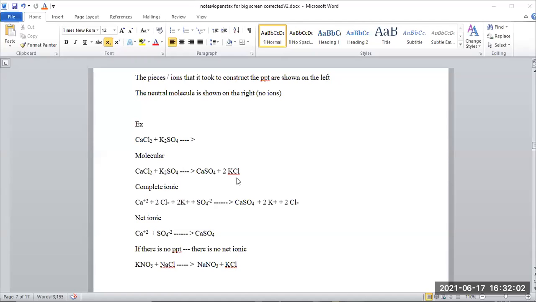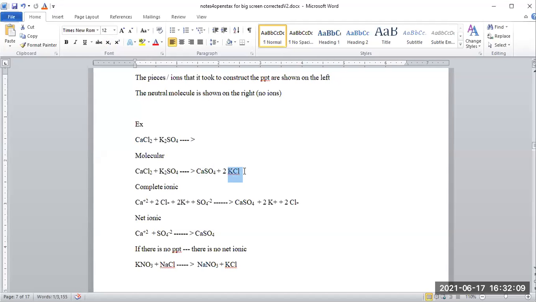All right, so we had calcium chloride, or calcium sulfate. We have potassium chlorides. So I'm going to write my complete ionic. I'm going to split apart everything that was not a solid, that did not stay stuck together. So my calcium, and I show its +2 charge, as well as its 2 chlorides.